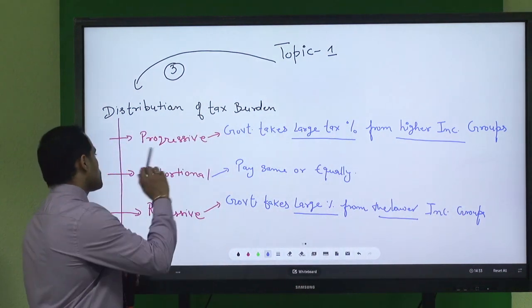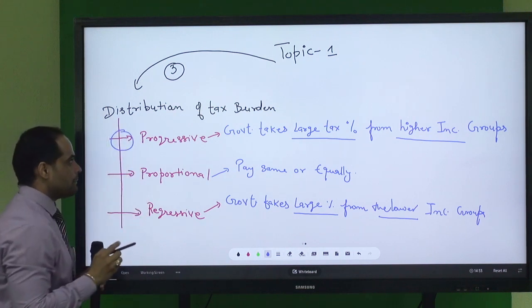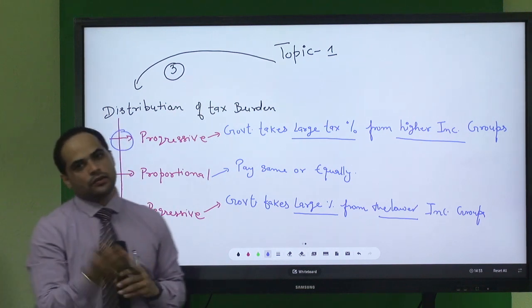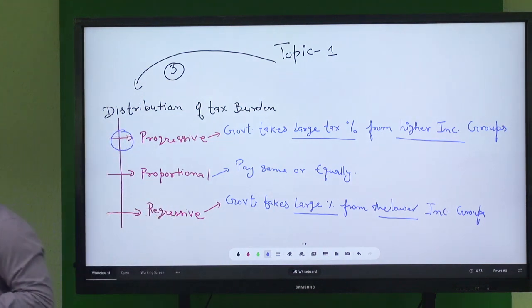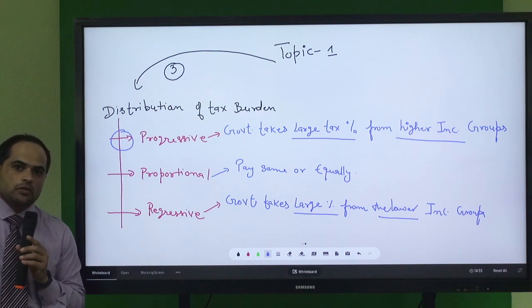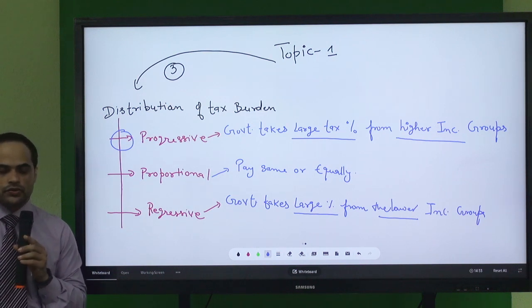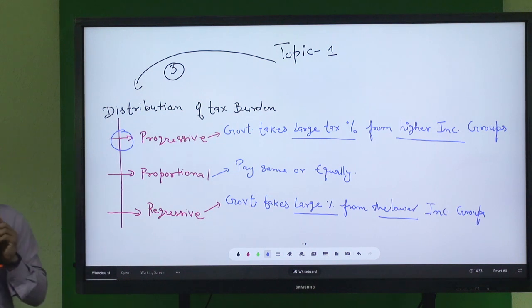If you take the example of the US or Australia, and I believe Vietnam too, they adopt the progressive system of the tax burden. So there are 3 different kinds of tax systems categorized in different kinds of countries.